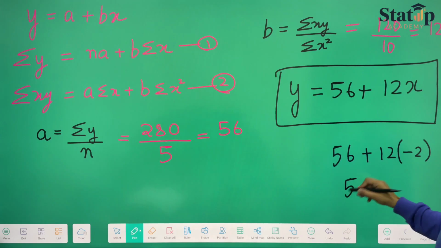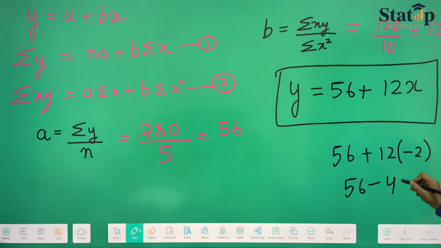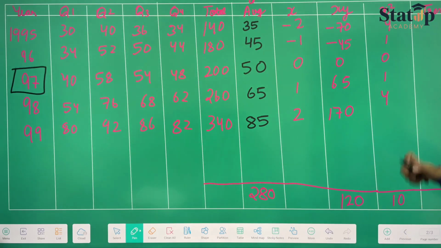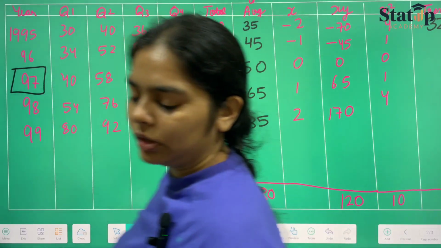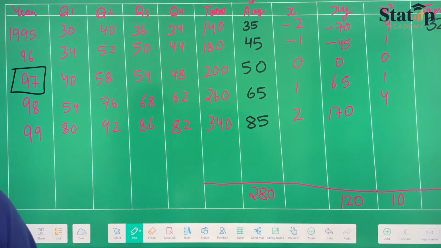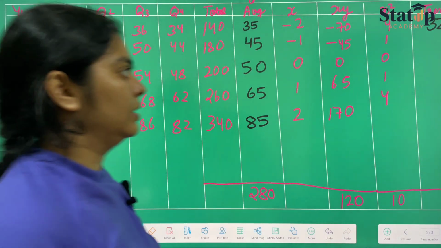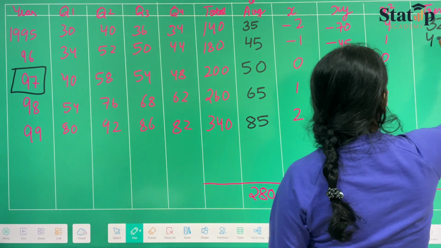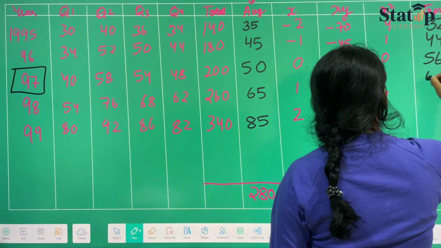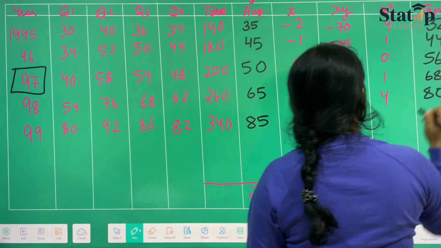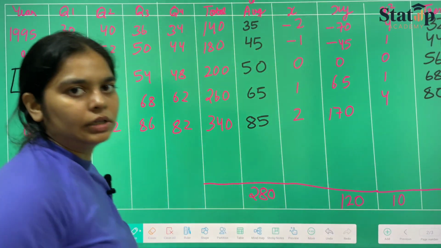So it will be 56 minus 24, which gives us 32. So the first trend value would be 32. Similarly, we can calculate all the trend values, which are 44, 56, 68 and 80. These are the trend values that we have calculated.